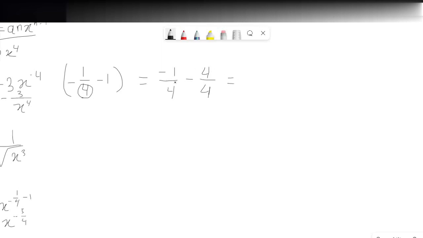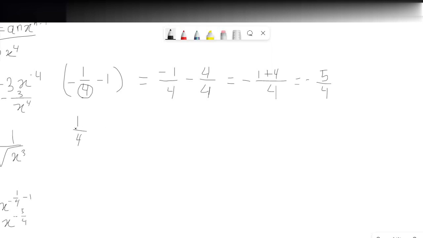So now the denominators are at the same level, and we can combine them like this, and we take the common factor of minus 1 here. So we have plus 1 and we have plus 4. So in the end we have minus 5 by 4.